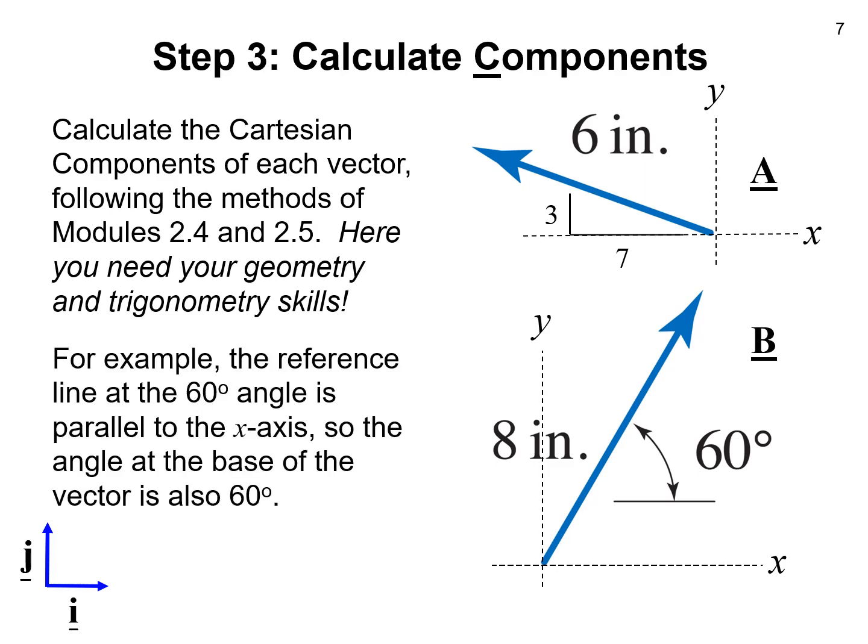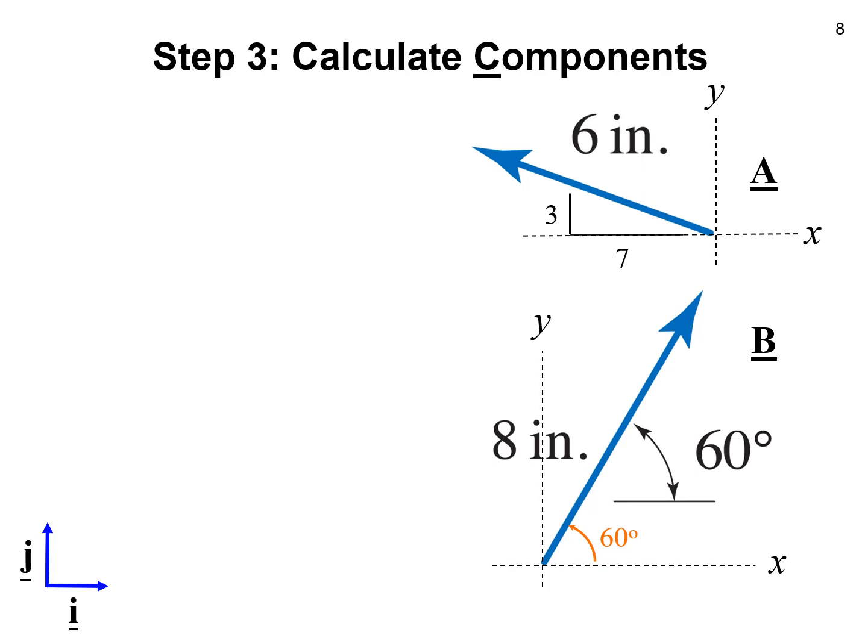First of all, notice that the reference line of the 60-degree angle is parallel to the x-axis. And so therefore, we now can interpret 60 degrees as also the angle of that vector from the x-axis.